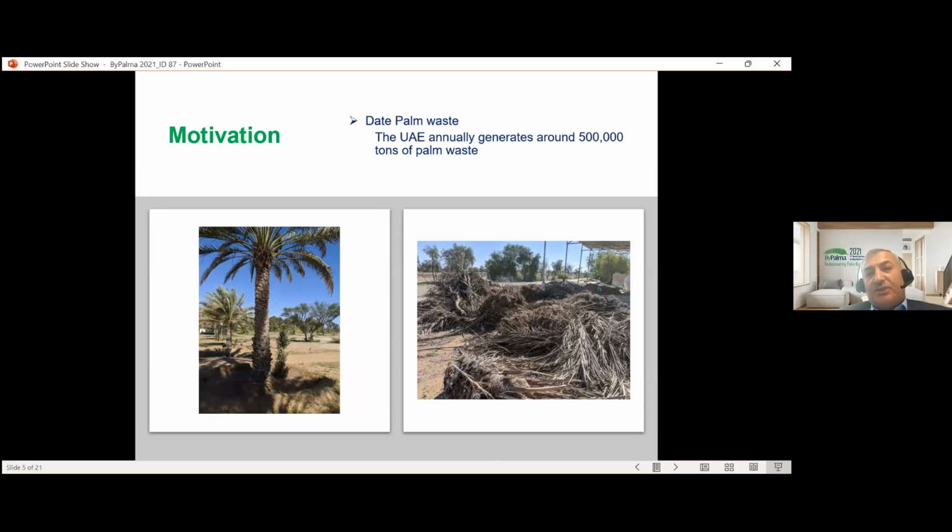They generate a lot of waste. Then we have another problem, which is the waste management of this date palm waste in different forms. Approximately we have 40 million trees in the UAE. Each tree produces about 15 kilograms per year, which means that we have more than 500,000 tons of this waste produced annually without real utilization.